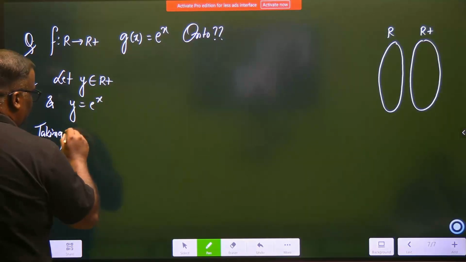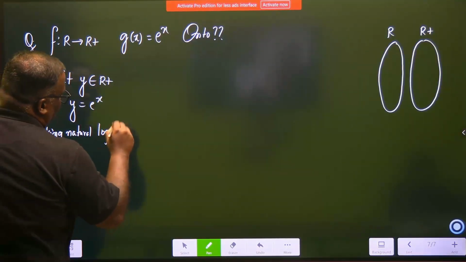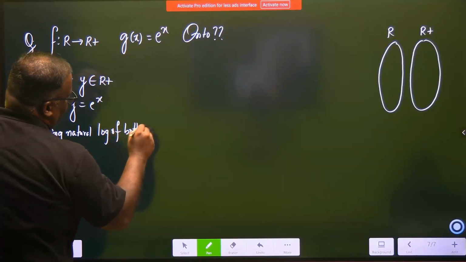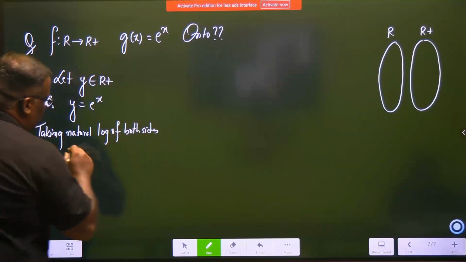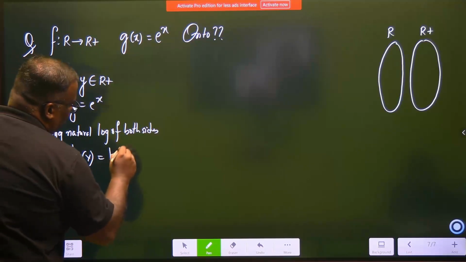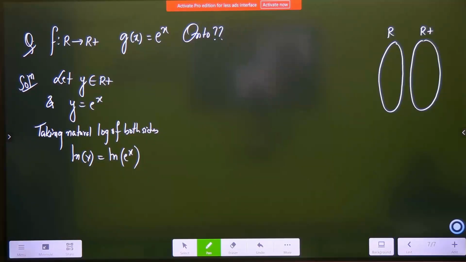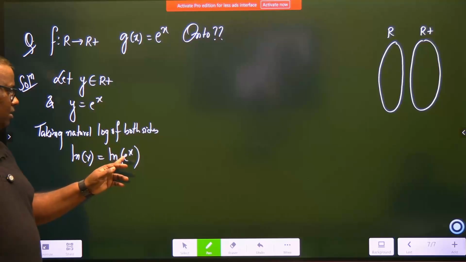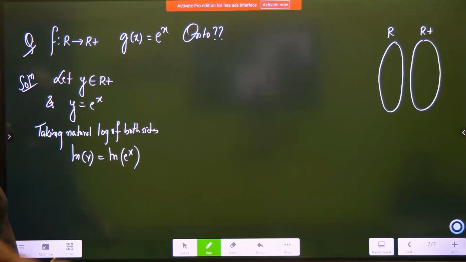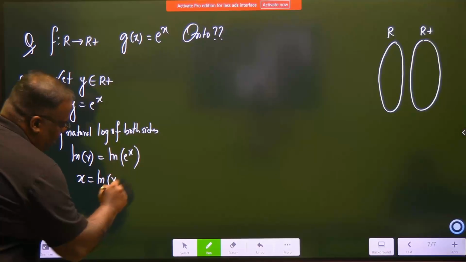Taking natural log of both sides, it becomes ln of y is equal to ln of e to the power x. Okay? Now ln and e are like COVID and Covaxin, so we can write x is equal to ln y.